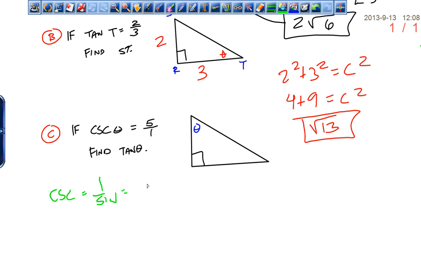So sine's opposite over hypotenuse, so this is going to be hypotenuse over opposite. We okay with that? So if cosecant of theta is 5 over 1, that means that the hypotenuse would be 5, and the opposite would be 1. Is everyone okay with the placement of that?